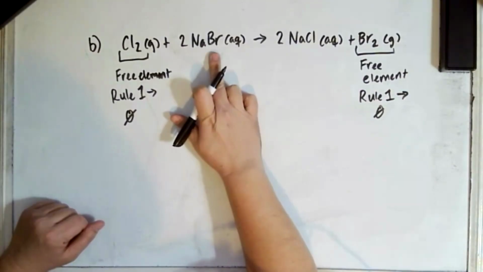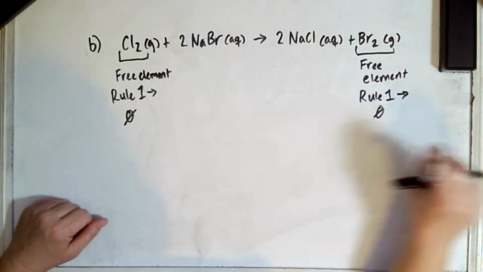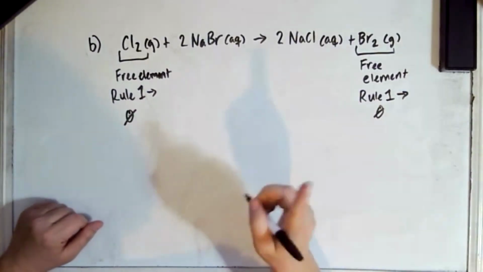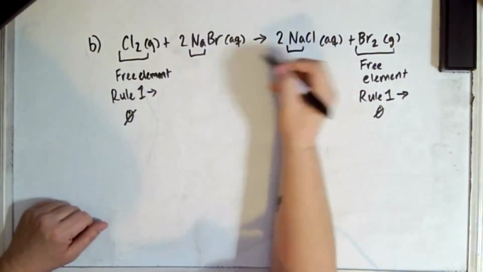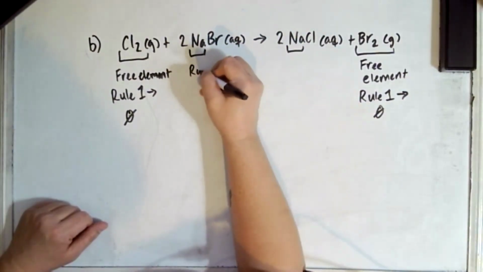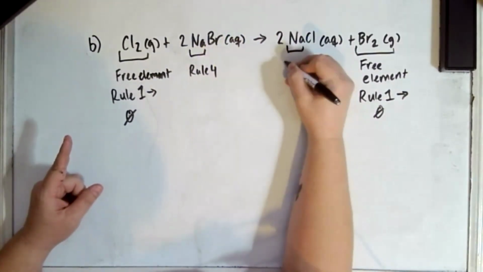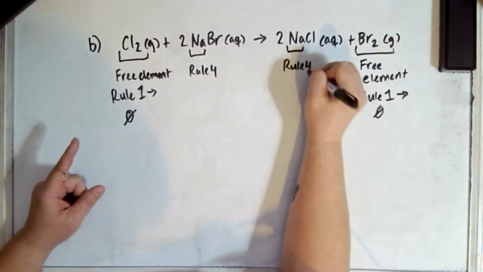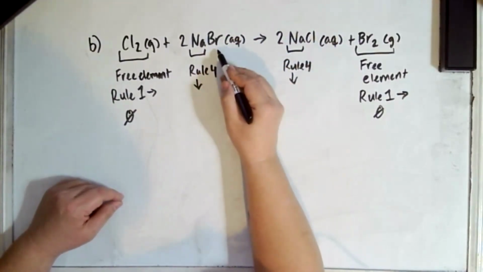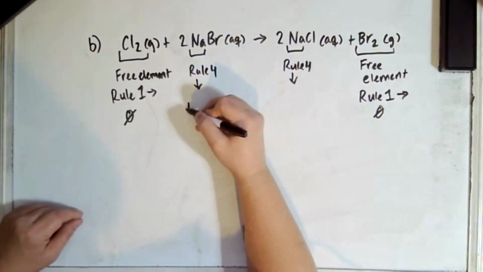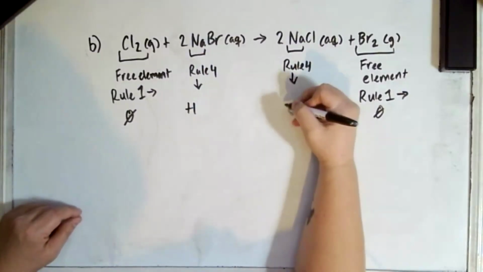Now we have NaBr and NaCl. Rule number 4 tells us that any metal that's part of group number 1 in a compound is going to have an oxidation of +1. So sodium's oxidation is going to be +1 in both of these compounds.